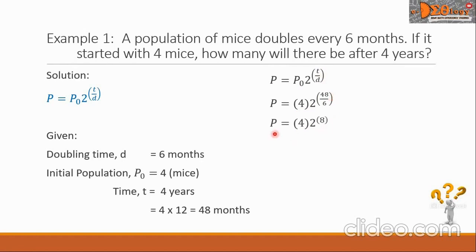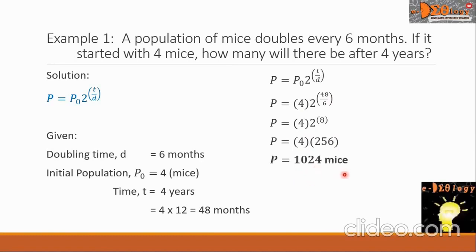So we have now our line here as 4 times 2 raised to 8. Simplifying 2 raised to 8 is 256. And the product of 4 and 256 is 1024. Number of mice after 4 years. This is our final answer.